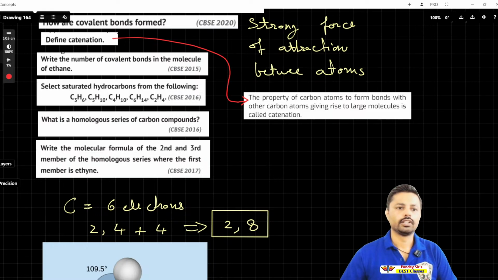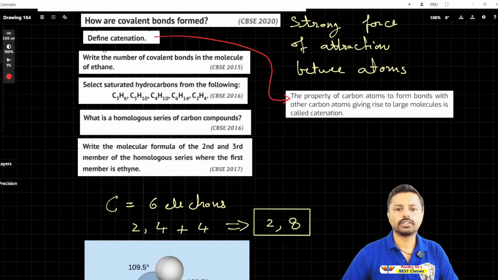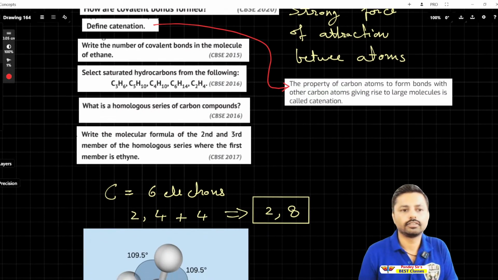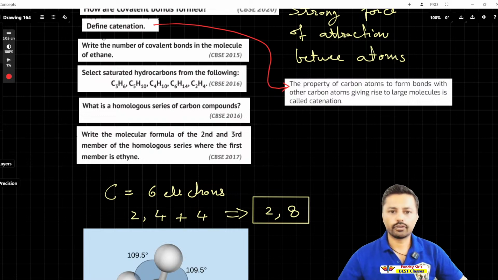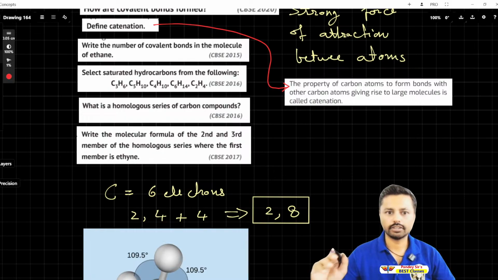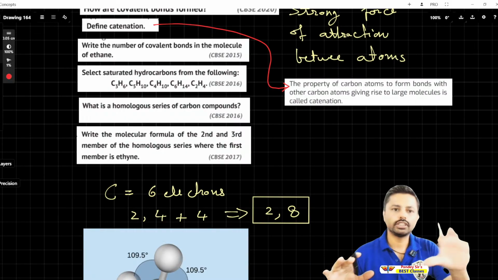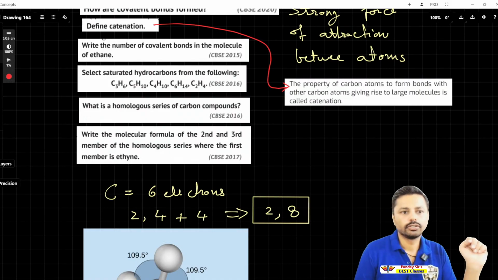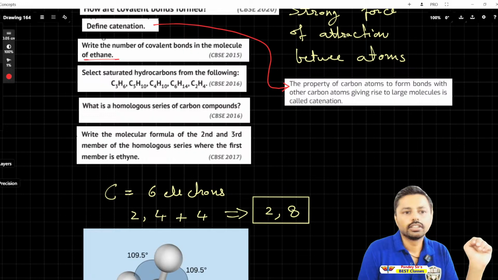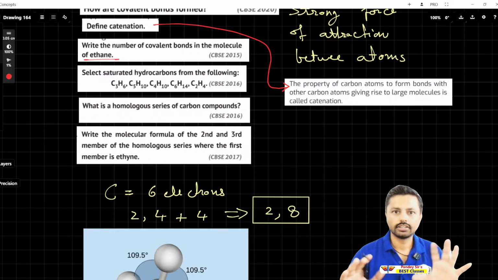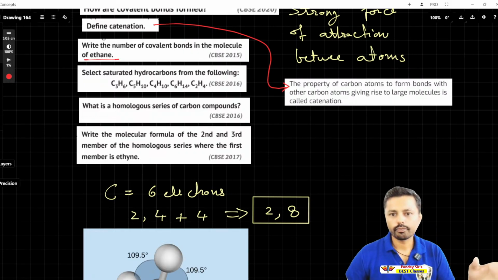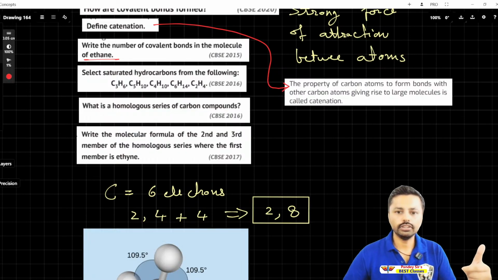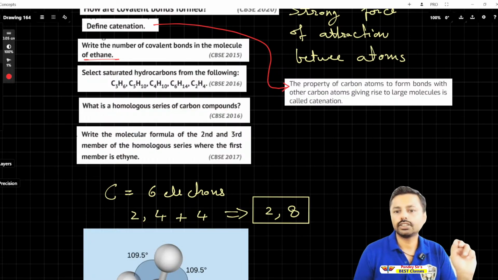Okay. Write the number of covalent bonds in the molecule of ethane. Do you know what is ethane? Or do you know what is a saturated carbon or hydrocarbon? So let's first understand. Before telling what this carbon is and the introduction, I will tell this answer first. So ethane, can you say the ethane's molecular formula? How many carbon and how many hydrogen? It's the second member, so it has 2 carbon.